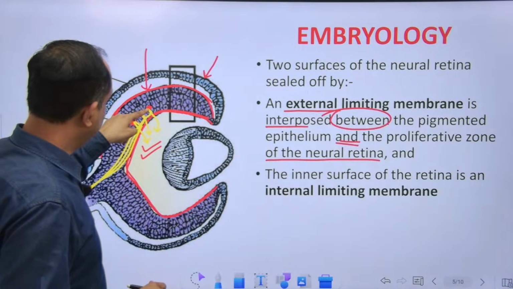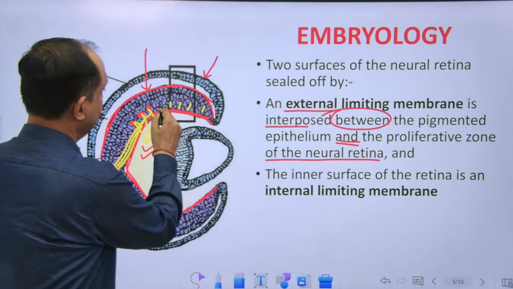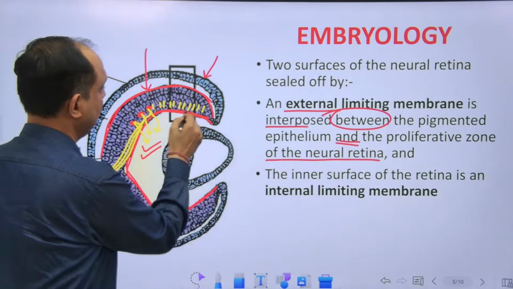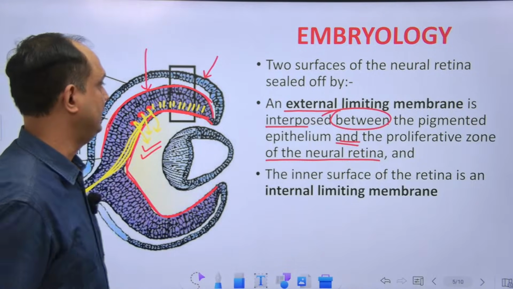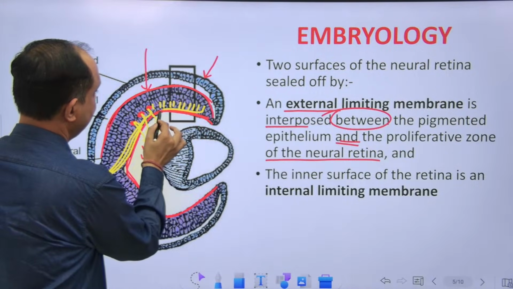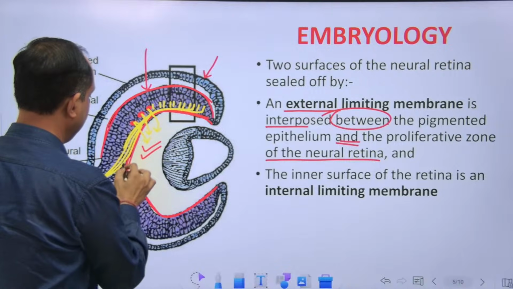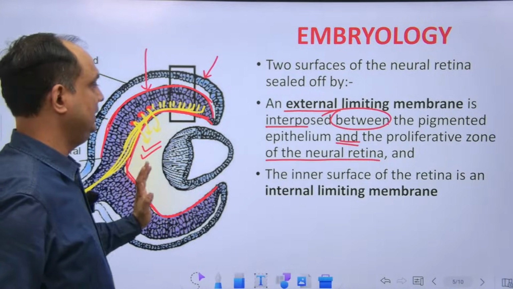So whatever fibers are arising from the different areas of the retina in the form of second order neurons, or you can say your optic nerve fibers, they remain deep to this internal limiting membrane and they will go and converge towards the optic disc. Clear? So this should be clear in your mind.